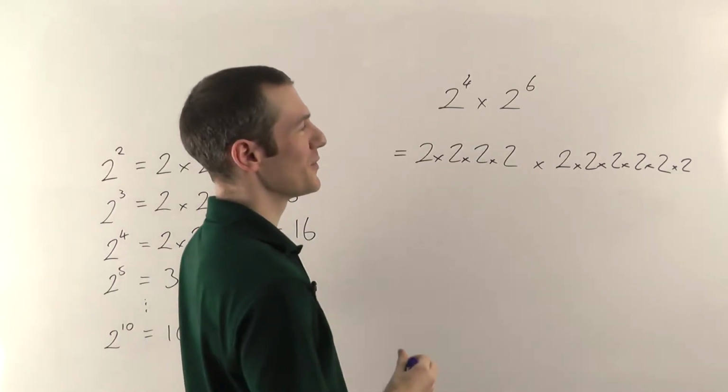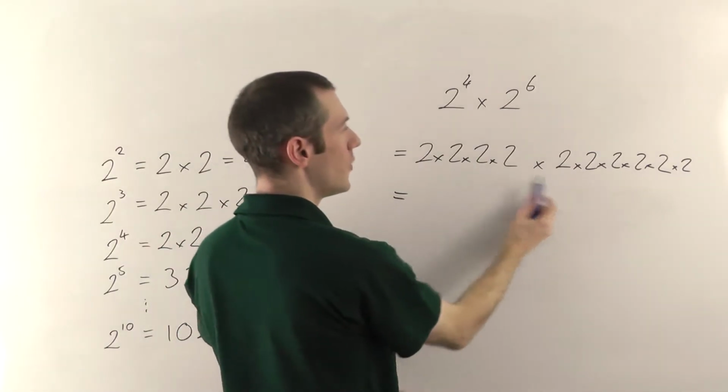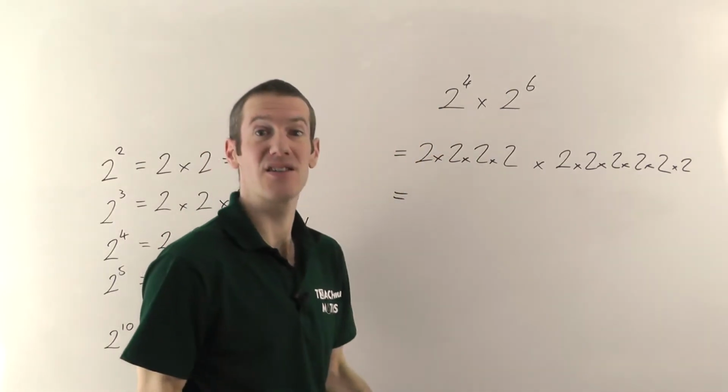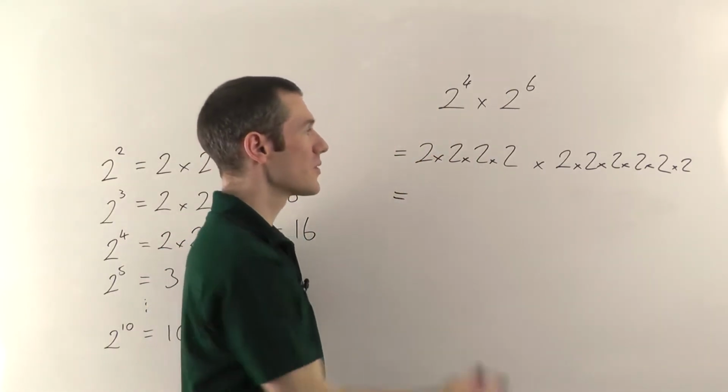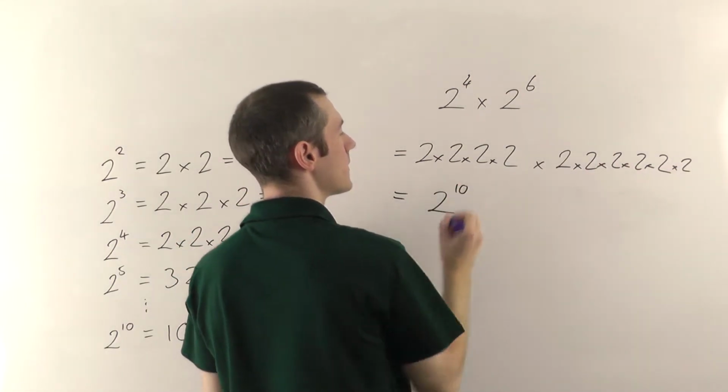There we go, 6 2's multiplying together. So actually you've just got 4 and 6 makes 10 2's multiplying. So another way of writing all of that would just be 2 to the power 10.